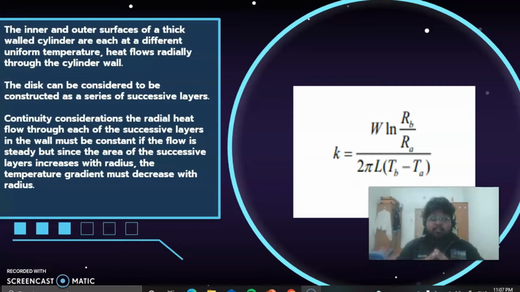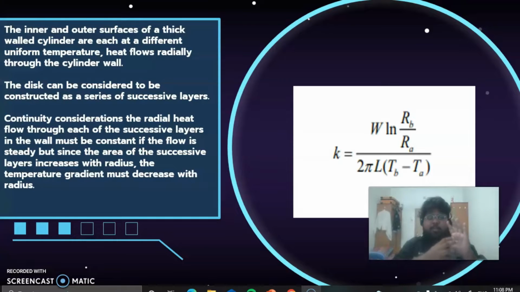Another consideration is that the radial heat flow through each of the successive layers in the wall must be constant if the flow is steady. But since the area of successive layers increases with radius, since it's a cylinder, the temperature gradient must decrease with radius.